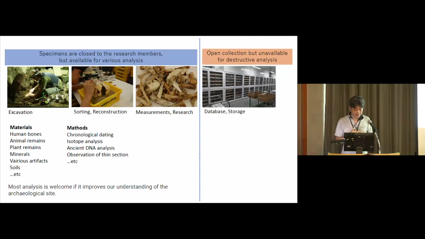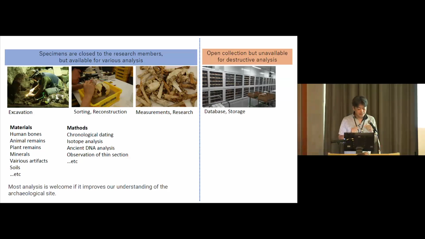As Tsutaya-san told, in the case of archaeological and anthropological samples, they are first excavated in the field and then brought to the laboratory and cleaned, sorted, and reconstructed, and the basic research is done. And after that, we make a database and register them in storage. And we usually spend several years at least in the case of academic research.